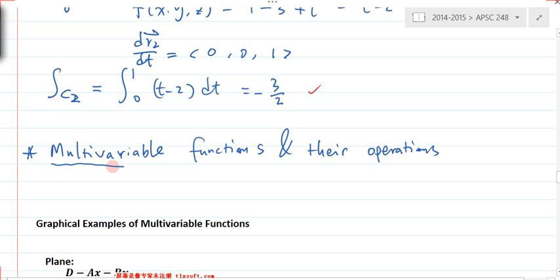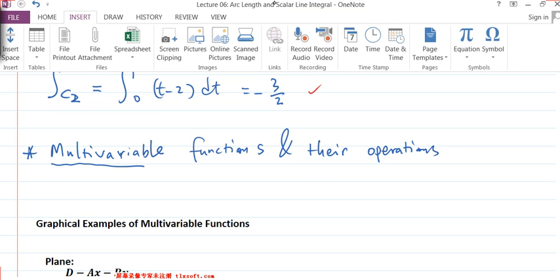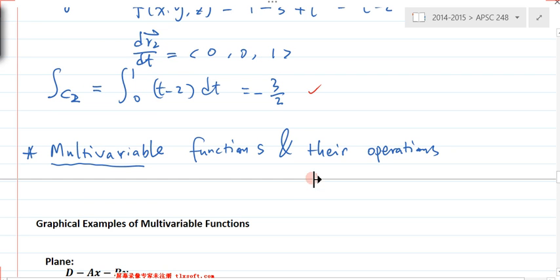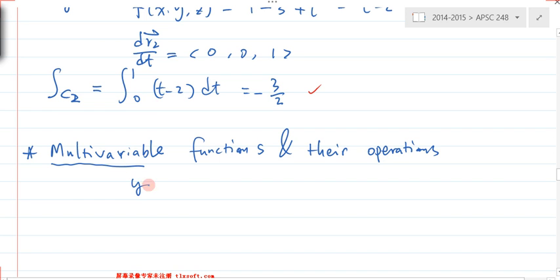Just looking at the name multivariable, that differentiates from what you learned in the first year. What we learned in the first year is always a function of one variable, y equal to f of x. So this is what we call a scalar function.